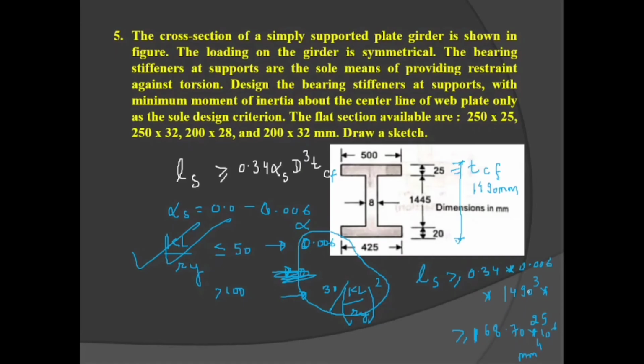Now you can provide a flat section. The flat sections available are 250 by 25, 250 by 32, and so on. Now let's try 200 by 32 because the length is applicable. So provide it on both sides of the stiffeners.